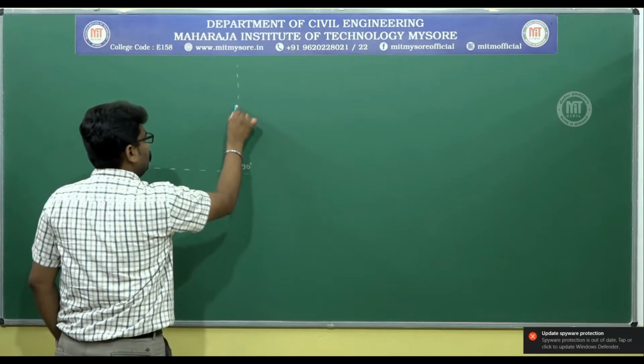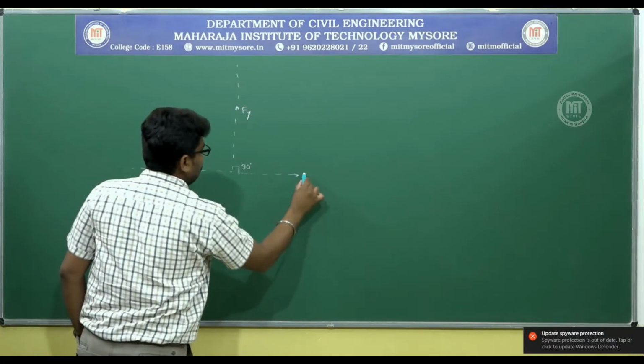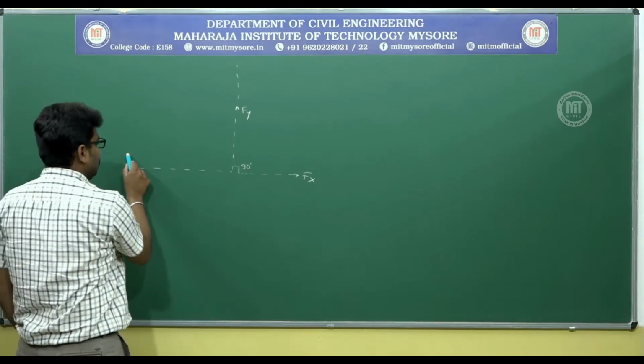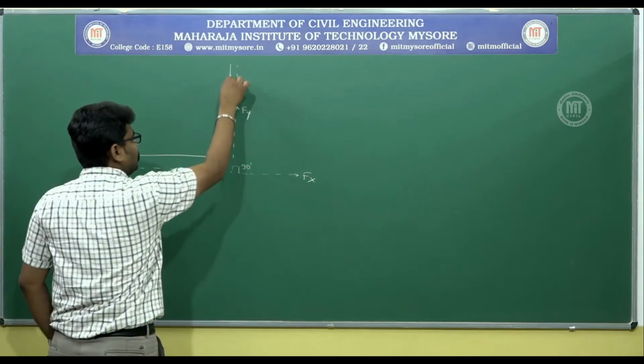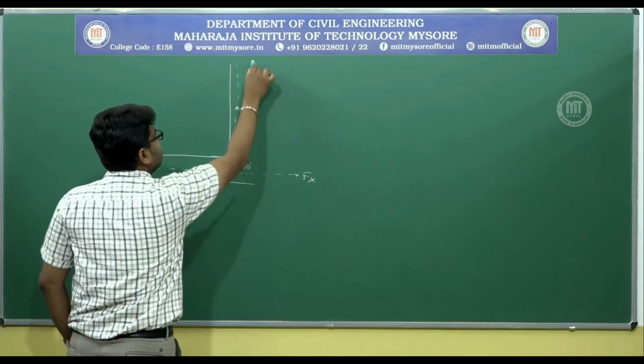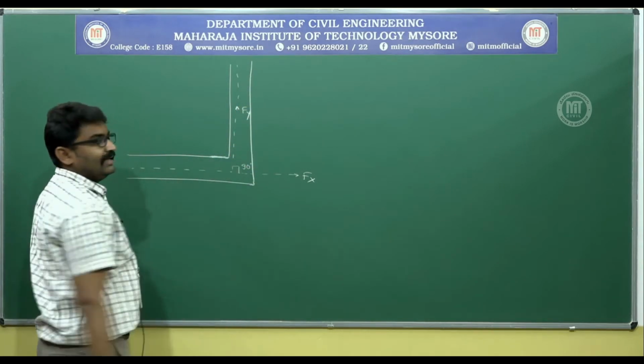So if you know how I usually wrote all these things, this is Fx, this is Fy. Now 0.3 meter is the diameter of the pipe and no reducing bend, so it remains as it is. The diameter even after the bend will remain as it is.